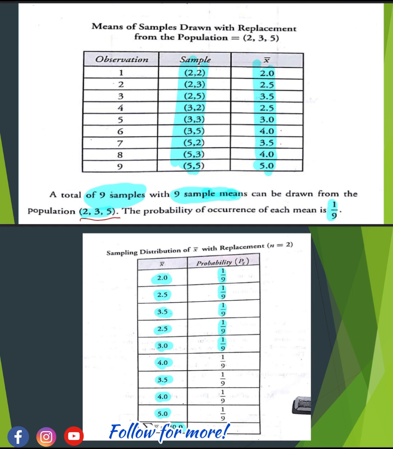A sample mean of 4.0, also 1 over 9. 3.5, 4.0, and 5.0 are also 1 over 9 each. Okay? If you add the probabilities, of course, the sum is equal to 1. Very good.